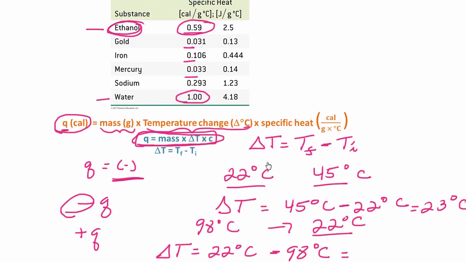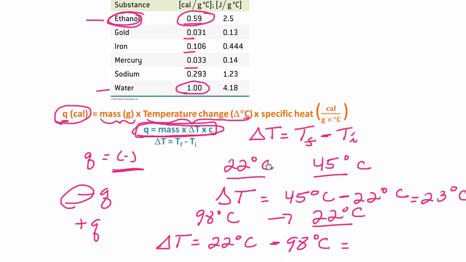So we had a specific heat capacity of 0.033 calories per gram degrees Celsius. Well, here I see that gold has a specific heat capacity of 0.031, and mercury has a specific heat capacity of 0.033.